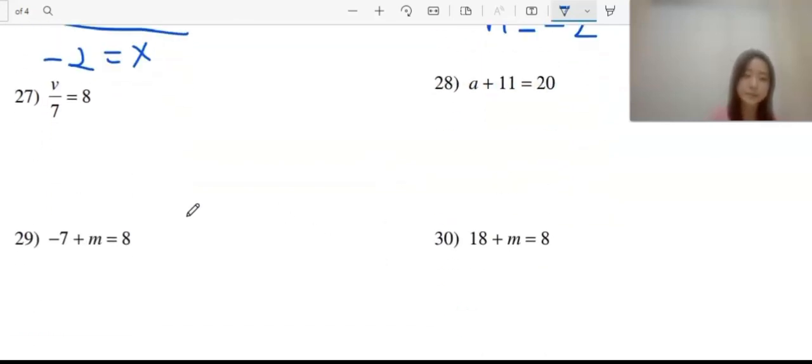Number 27. v over 7 is equal to 8. So v is divided by 7. We want to undo that, so we have to multiply 7 on both sides. 7's cancel out. v is equal to 8 times 7, which is 56.